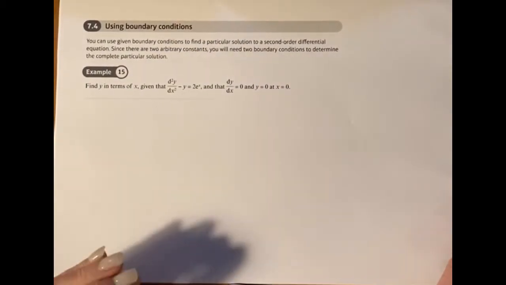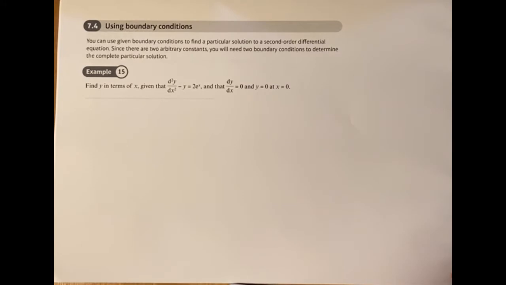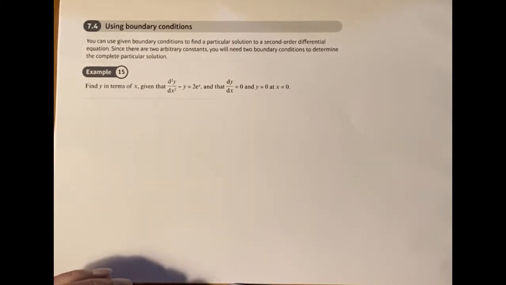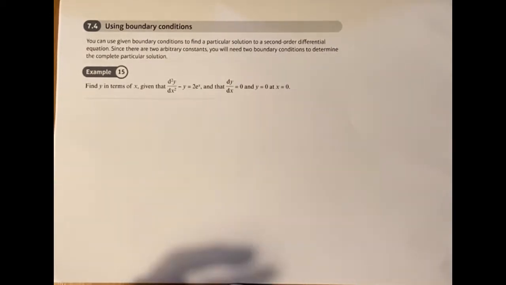Next section, 7.4, we are going to use boundary conditions to find a particular solution, and it will be the complete particular solution, because a particular integral is one of the solutions. So you could actually have a particular integral which is one of the solutions.